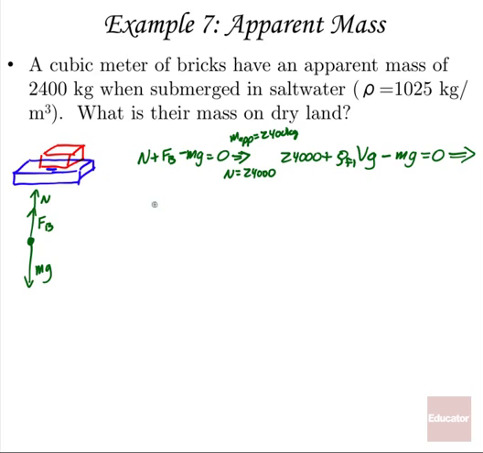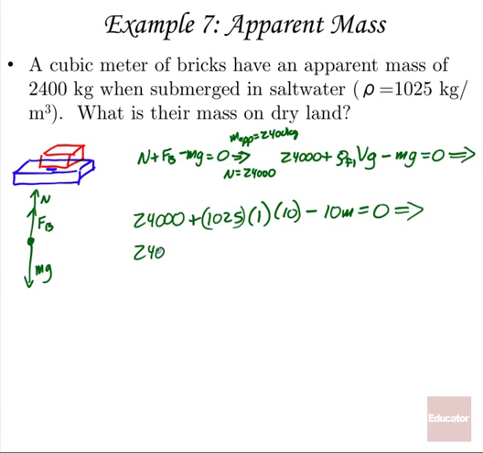This implies then that 24,000 plus the density of our fluid, 1025, times the volume of our fluid displaced, which was 1, times g, 10, minus 10m must equal 0.